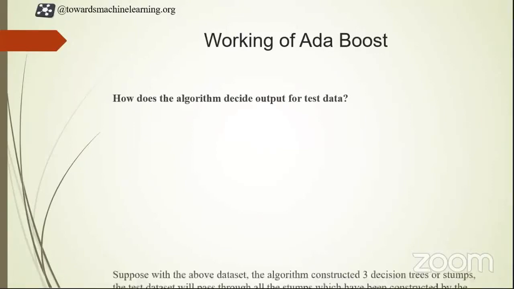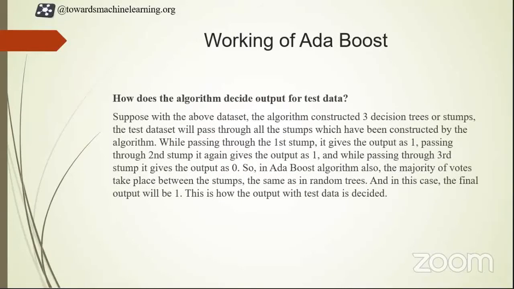So this is the answer. When you pass the test data to your trained AdaBoost algorithm, your records will be passing through all the stumps. Let's say if you have built three stumps, it will be passing one by one through all of these three stumps. While passing through the first stump, let's say it gives the output as 1. While passing through the second stump it gives the output as 1.